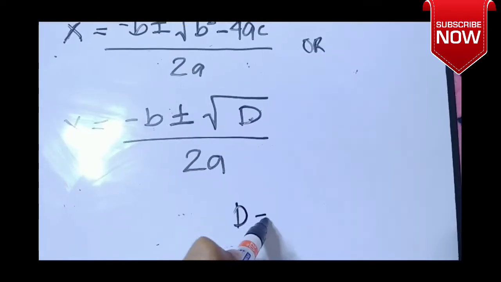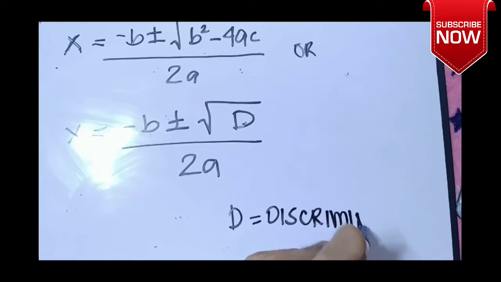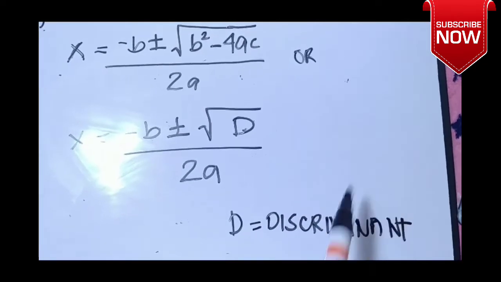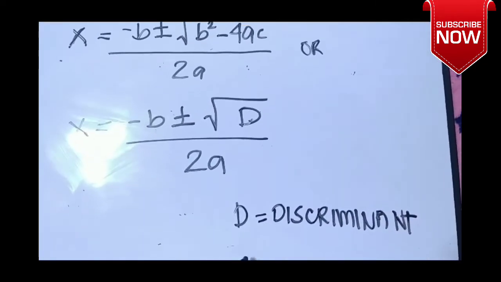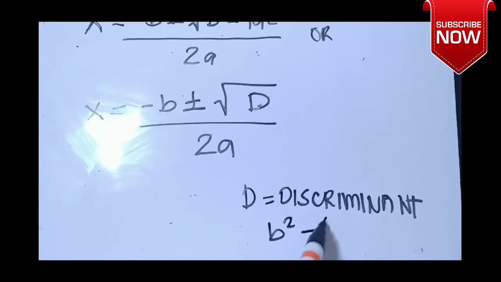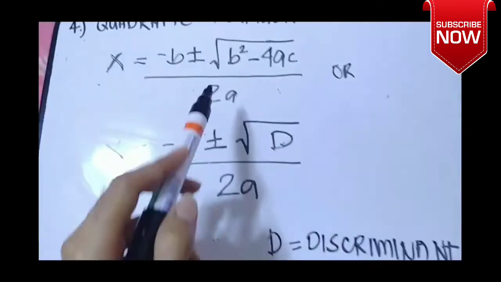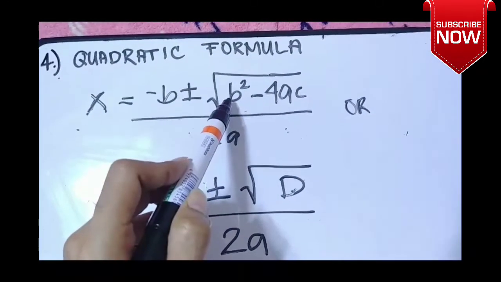D, that is discriminant. Ang formula naman ng discriminant, that is b squared minus 4ac. So kung mapansin nyo, yung b squared minus 4ac nasa loob ng square root.